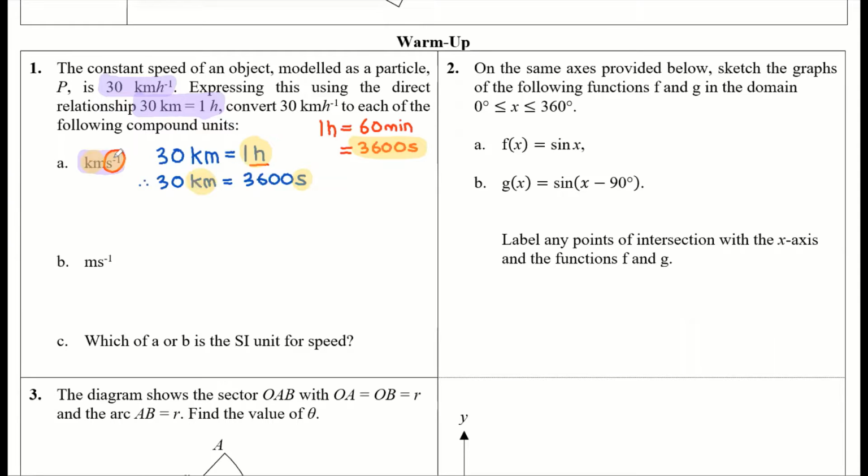So I know that every 3,600 seconds, this object P travels 30 kilometers. So to give it as a speed, we need to think, how far does this object P travel in just 1 second? So it's kilometers per second. Yes? At the moment, we've got kilometers per 3,600 seconds. So it's quite straightforward. We simply divide both sides by 3,600.